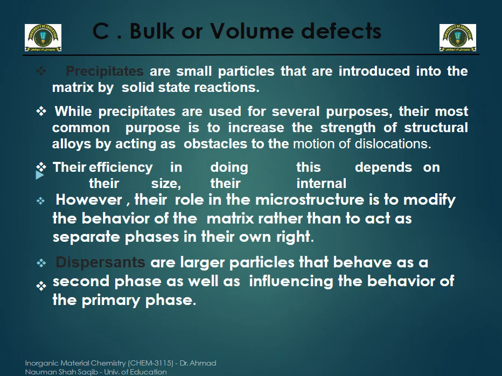Precipitates are used for several purposes, what are these purposes? The main purpose is to increase the strength of the structural alloys by acting as obstacles to the motion of dislocation. Here we discuss the first purpose of precipitates, which is to strengthen the structure of alloys by acting as obstacles to the motion of dislocation.